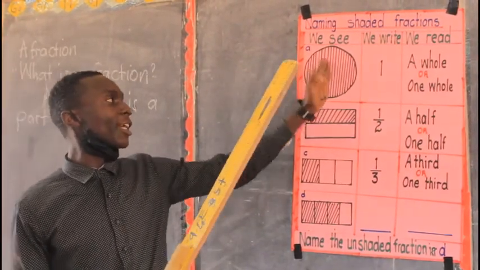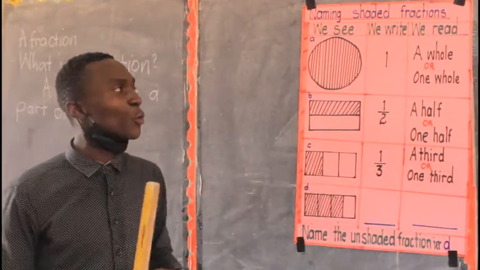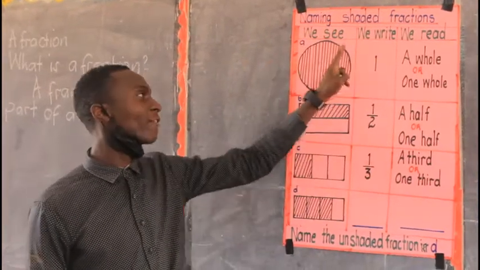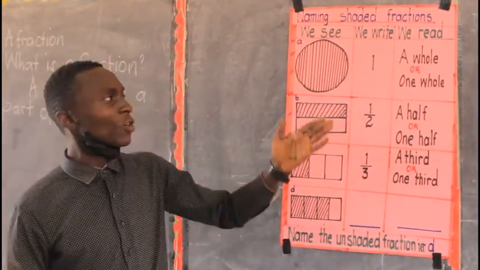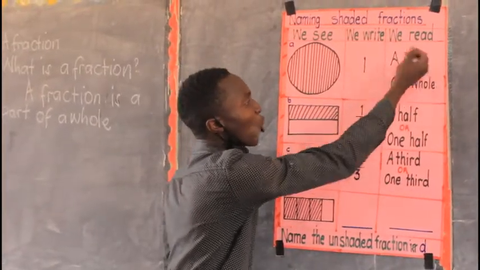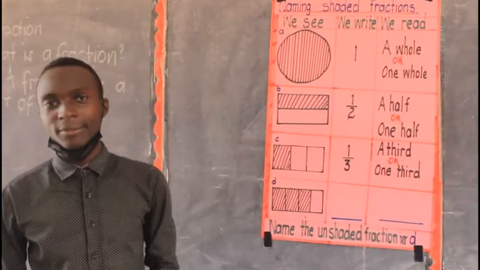It is shaded. The whole of it is shaded. It means that we write 1. That is a whole. We have shaded all of it. So how do we read it? We read it as a whole, all, 1 whole.